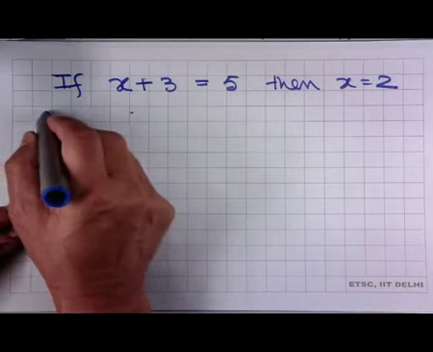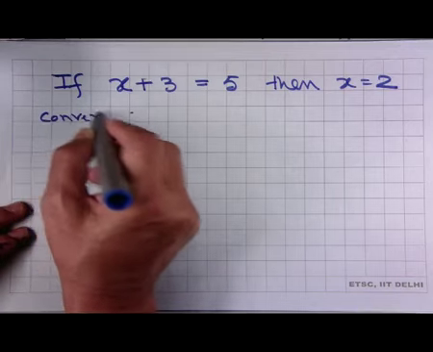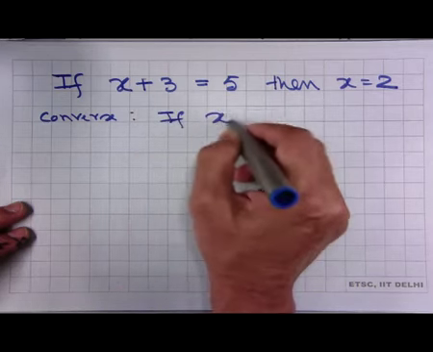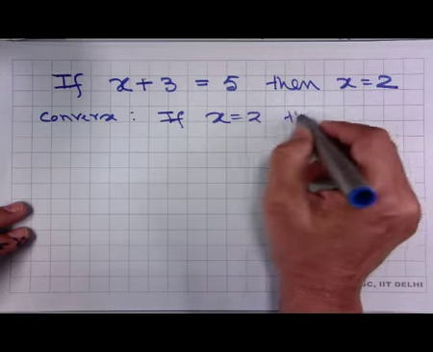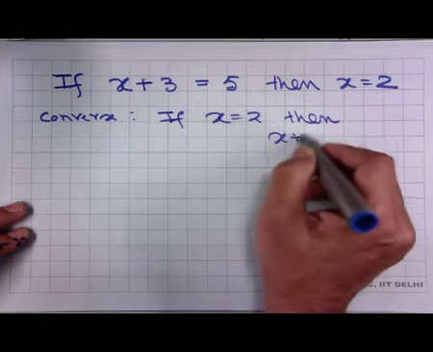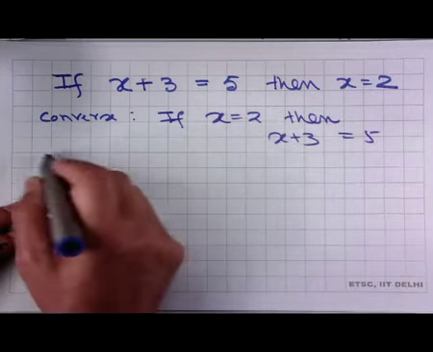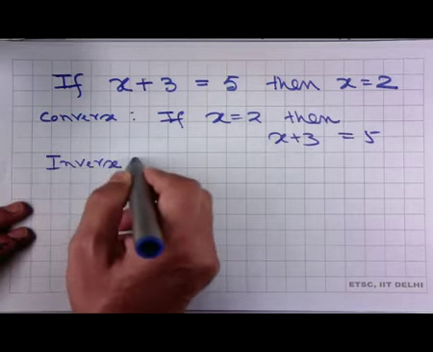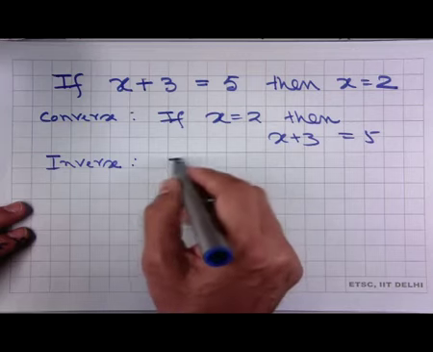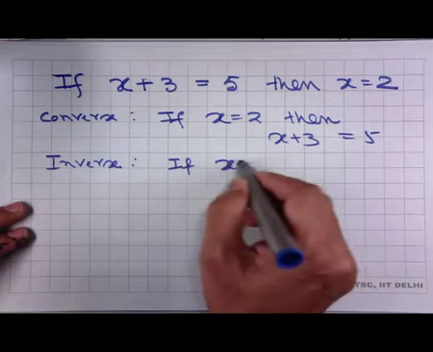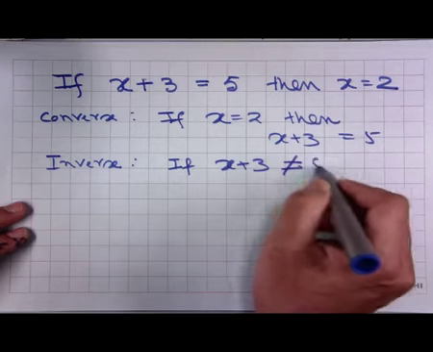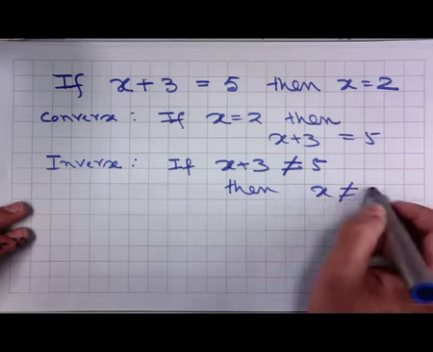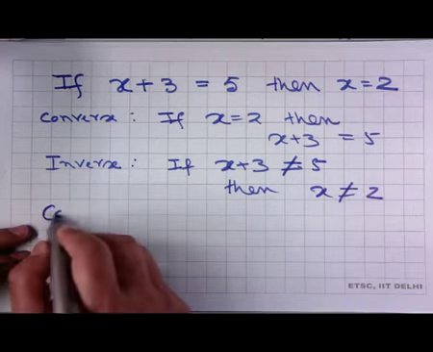What is the converse? If x is equal to 2, then x plus 3 is equal to 5. What is the inverse of it? If x plus 3 is not equal to 5, then x is not equal to 2. And what is the contrapositive?